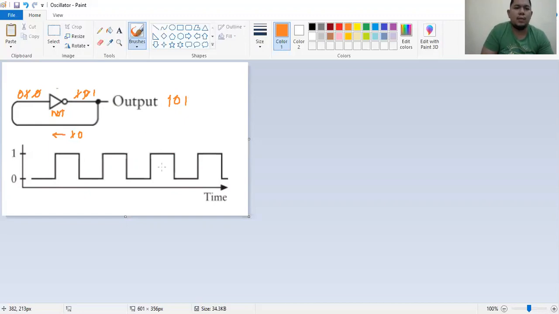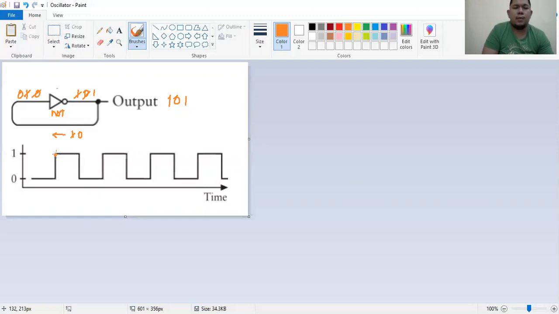We can see in the diagram below that there's alternation between zeros and ones. Let's say we started with the input at 0.